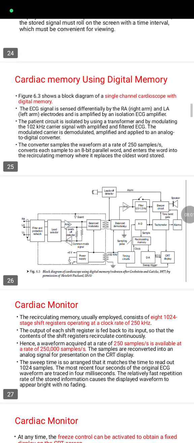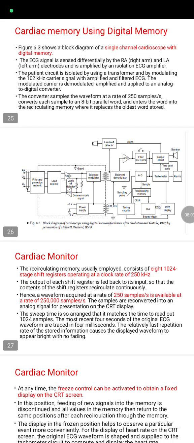Figure shows the block diagram of a single channel cardioscope with digital memory. The ECG signal is sensed differentially by the RA and LA electrodes and is amplified by an isolation ECG amplifier. The patient circuit is isolated by using a transformer and by modulating a 102 kHz carrier signal with the amplified and filtered ECG.